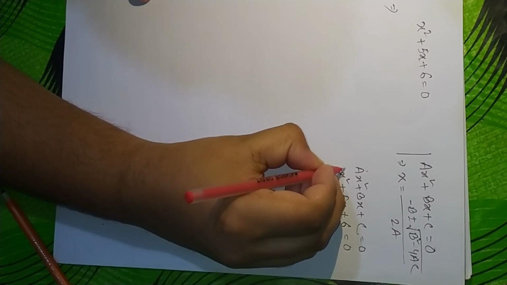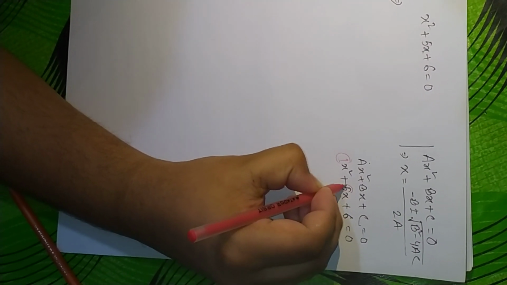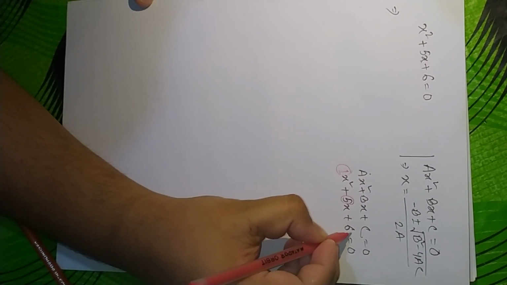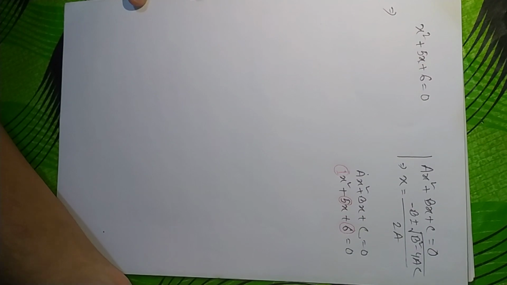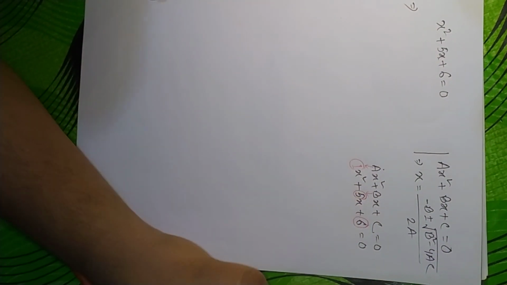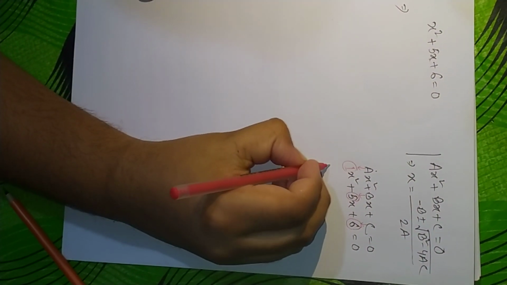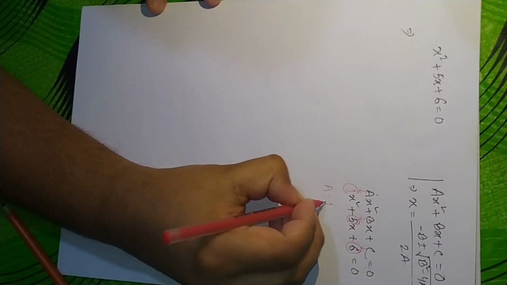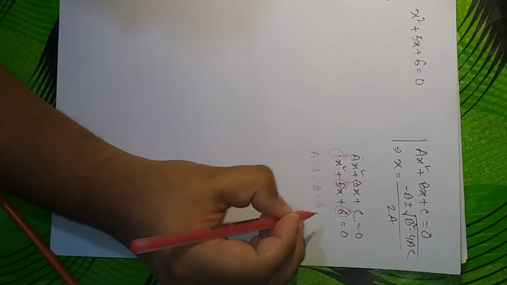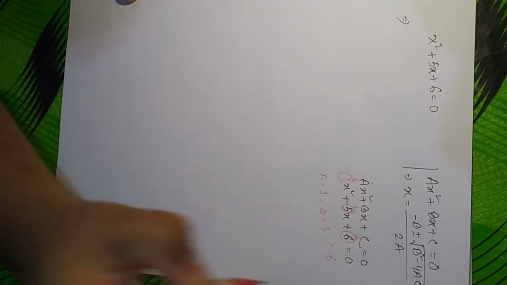Here the coefficient of x square is 1, the coefficient of x is 5, and the constant term is 6. So a equals 1, b equals 5, and c equals 6.